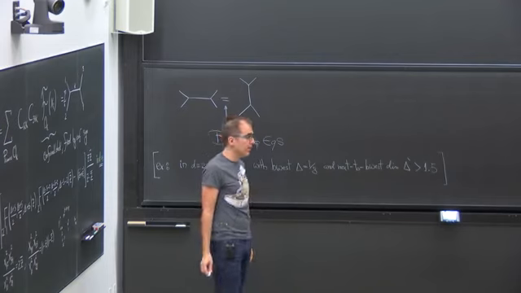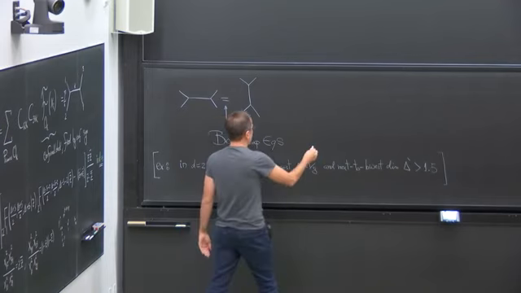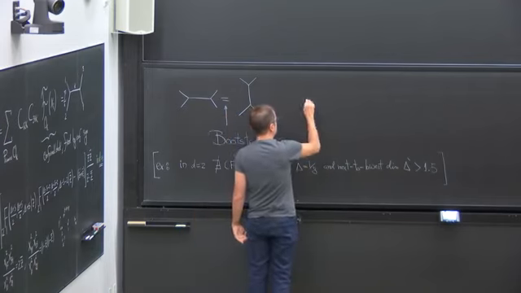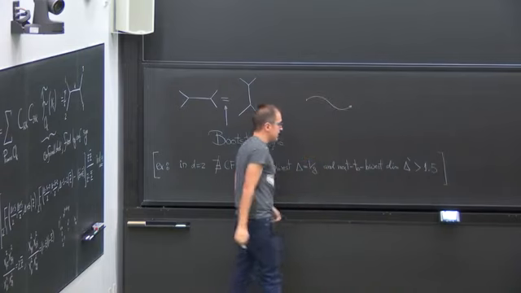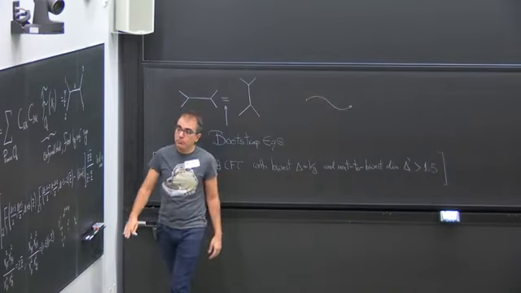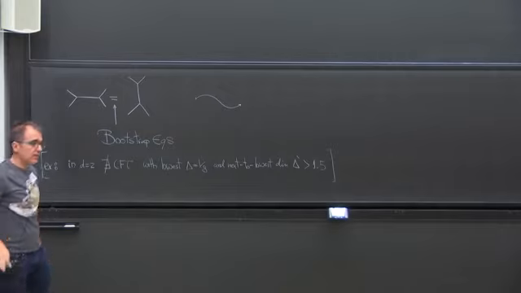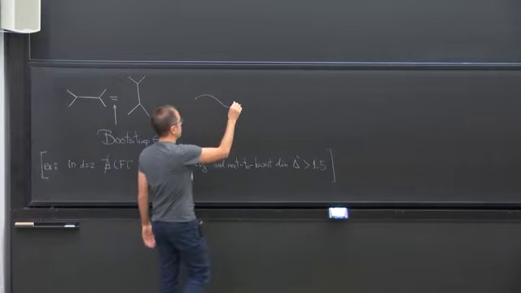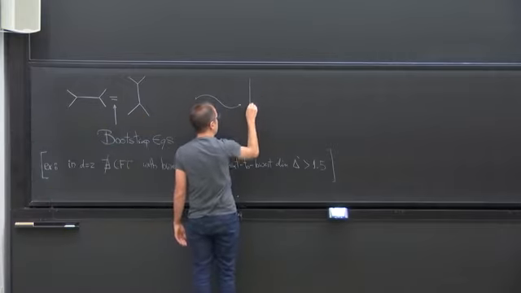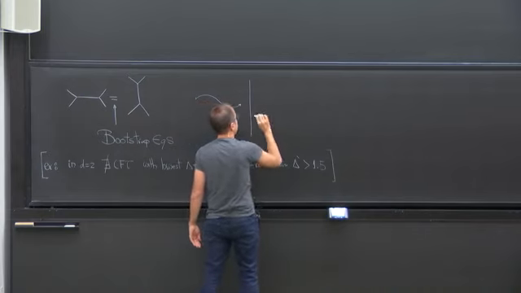In the tutorial, you also showed that, instead of studying bounds on the spectrum, you could put bounds on 3-point functions, right? So one result that you understood you could find is the following.